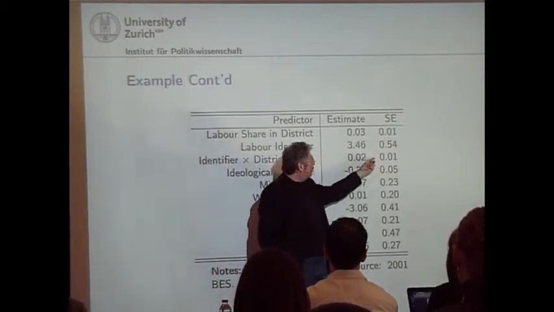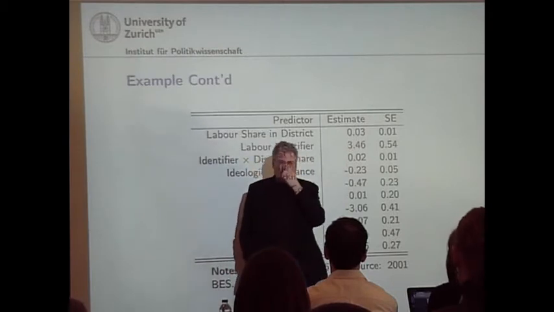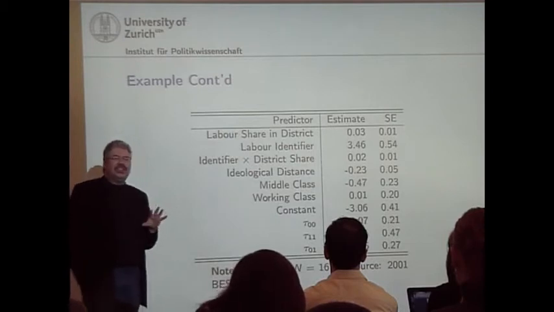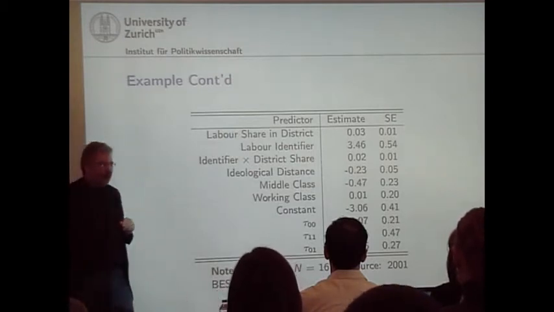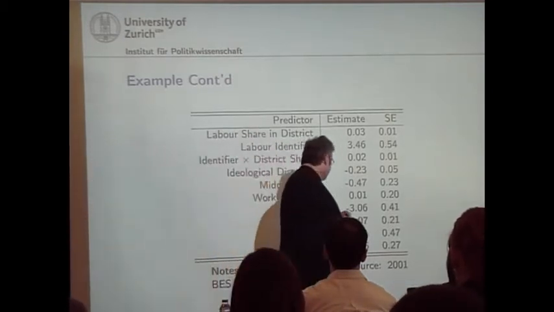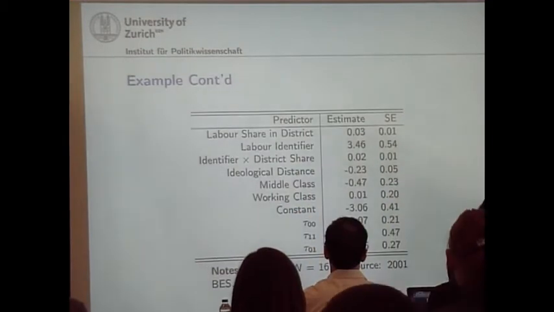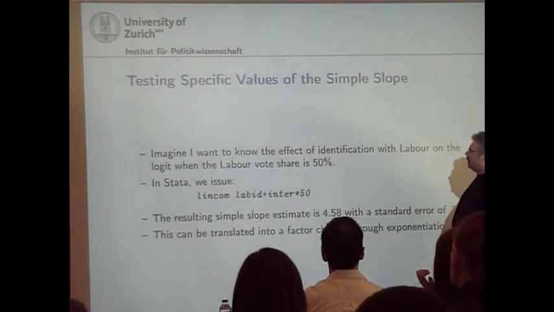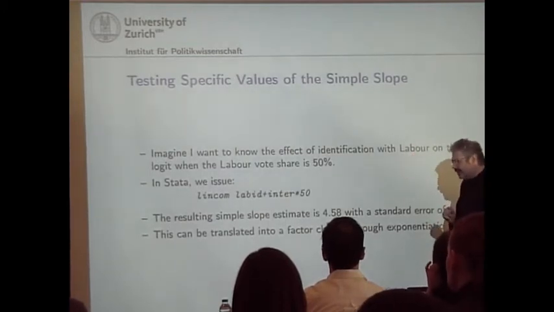It looks like this ratio is 2, but that's a bit of rounding. The p-value is just slightly above 0.05.